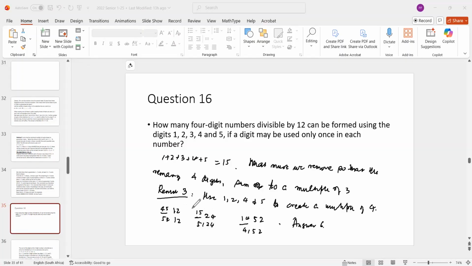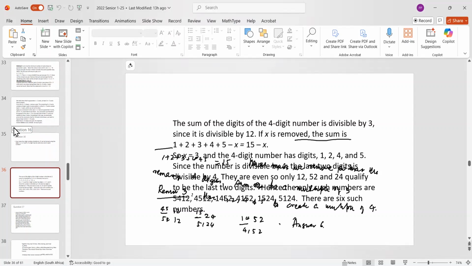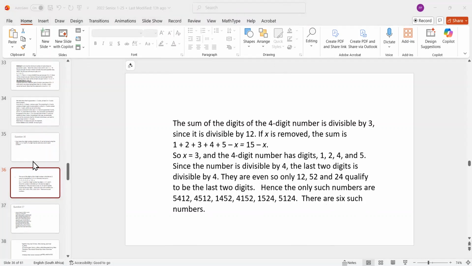You're not allowed to repeat, they say you use each digit only once in each number. So that gives you 6, and you can see right at the end, there are 6 such numbers. So we are on the right track.